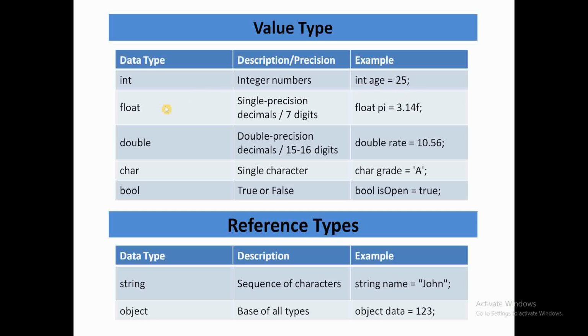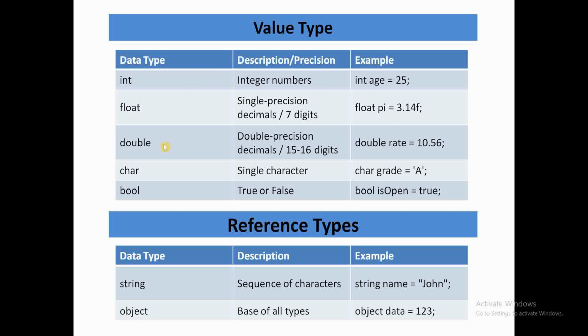And in the float data type, we have to put f, as I already said, because it is a must; it considers float only if we write f after the value. It contains 7 digits, so we can put 7 digits into it if we want to use the float data type.